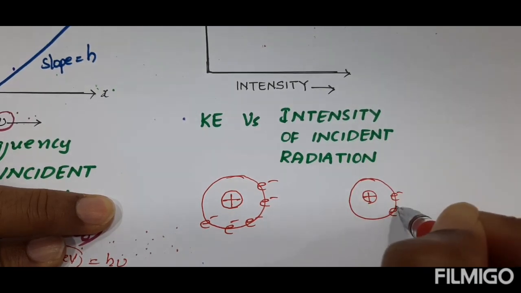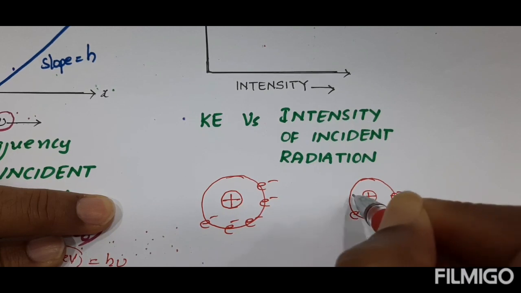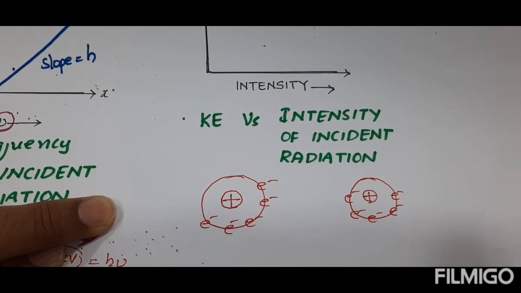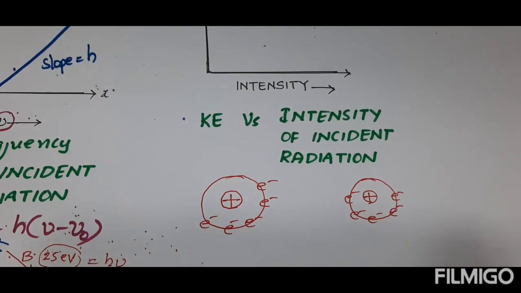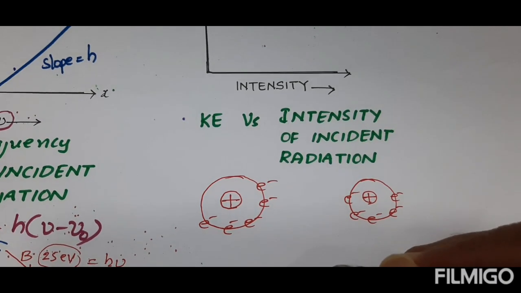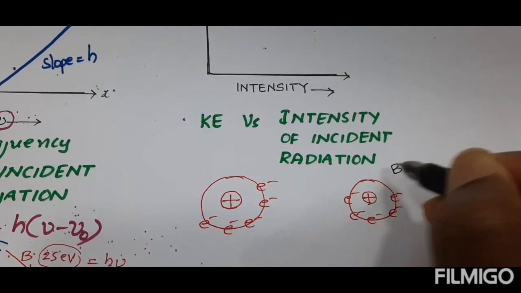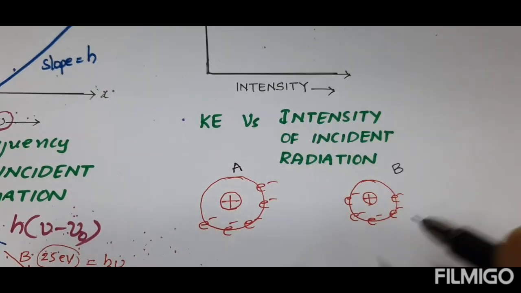The same atom is taken. For convenience, I am taking 5 electrons again. This is the source. This is condition B, this is condition A.